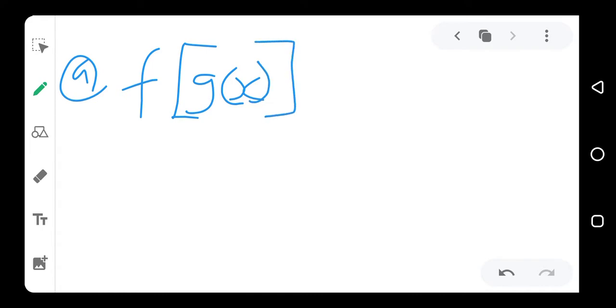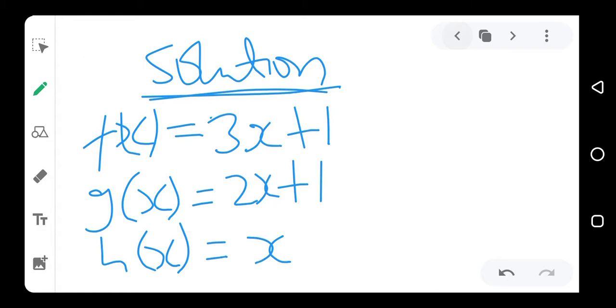What it means is this: we place the expression for g inside this bracket, and then we look for the function of it. So we look for the expression for g of x and put it inside this bracket.